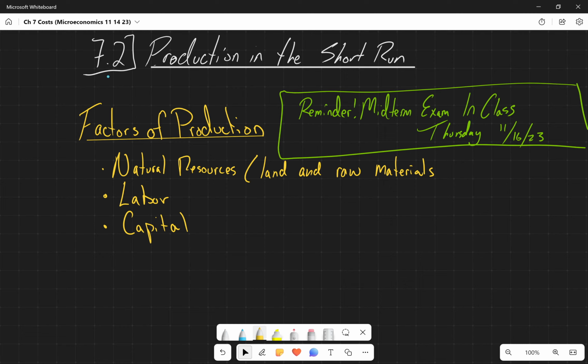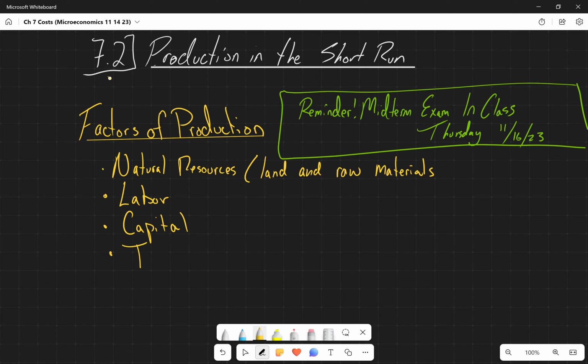So it's not just a financial transaction, which is what we oftentimes equate capital with. But in economics, just like we have accounting profit and economic profit, when we're talking about capital in economics, we're talking about resources deployed for the purposes of producing some good or service.